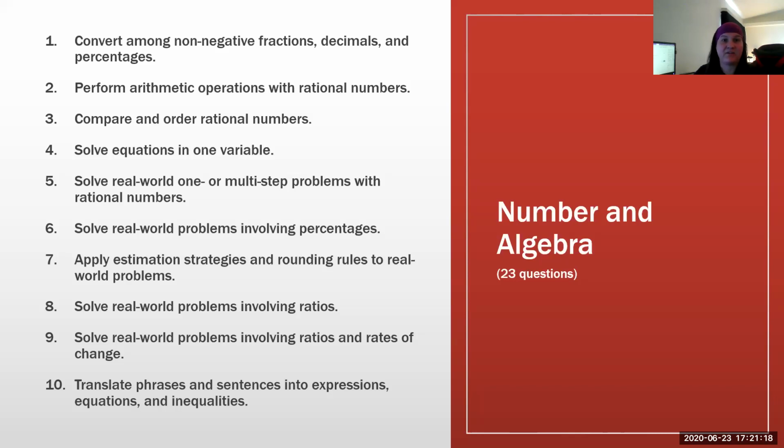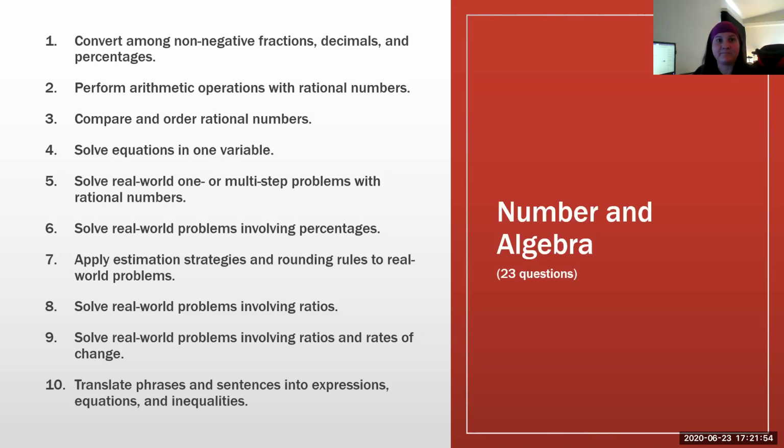So today we're going to convert among non-negative fractions, decimals, and percentages, perform arithmetic operations with rational numbers, compare and order rational numbers, solve equations in one variable, and solve real-world one or multi-step problems with rational numbers. In the next video, we're going to do the remainder of these: solve real-world problems, apply estimation strategies, solve real-world problems with ratios and rates of change, translate phrases and sentences into expressions, equations, and inequalities. But today we're going to focus on 1 through 5.